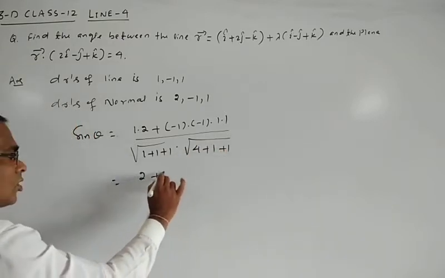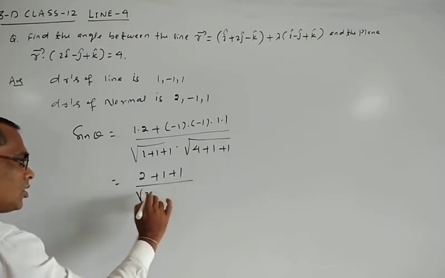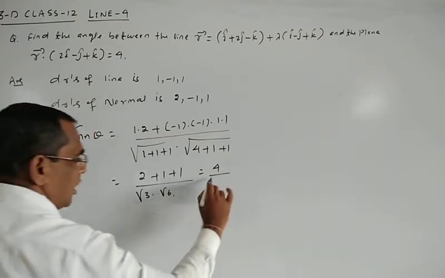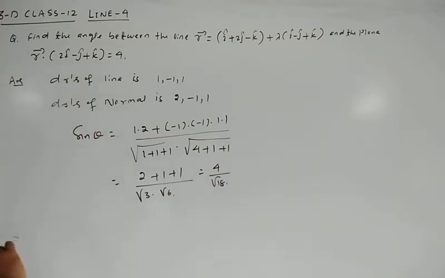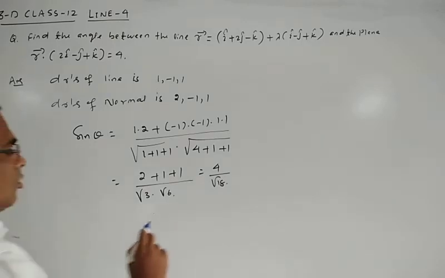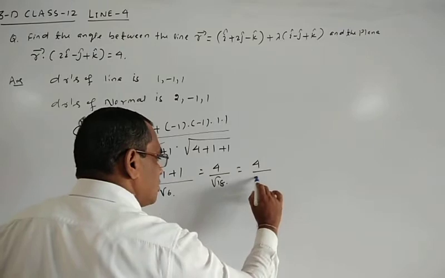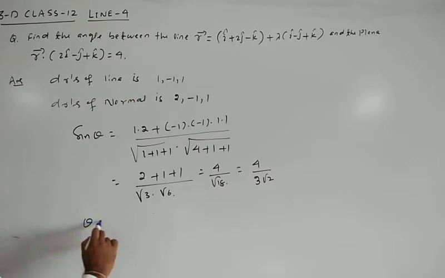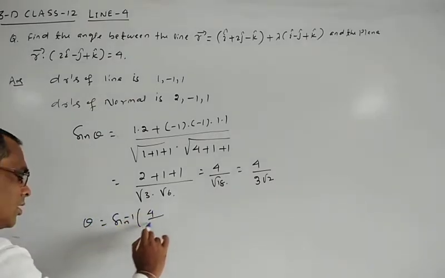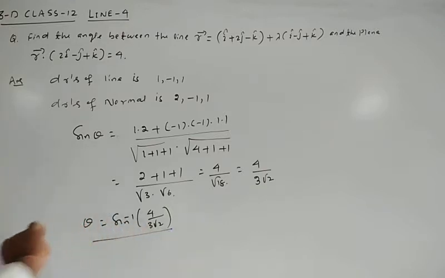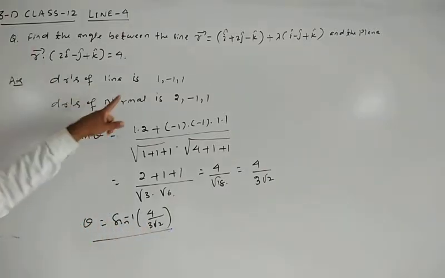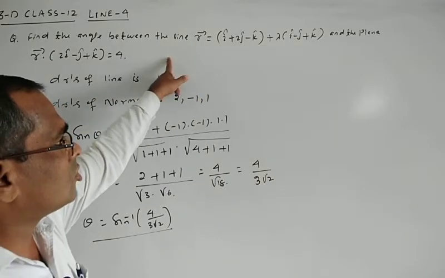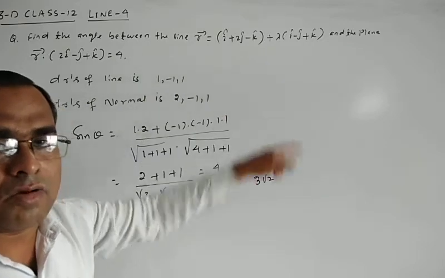So this is (2 plus 1 plus 1) by root 3 into root 6, which is equal to 4 by root 18, and root 18 is 3 root 2. Therefore theta is equal to sin inverse of 4 by 3 root 2. This is the angle between line and plane. So if the vector form is given, first you have to convert to Cartesian form, or you can write directly the direction ratio of line and direction ratio of normal.